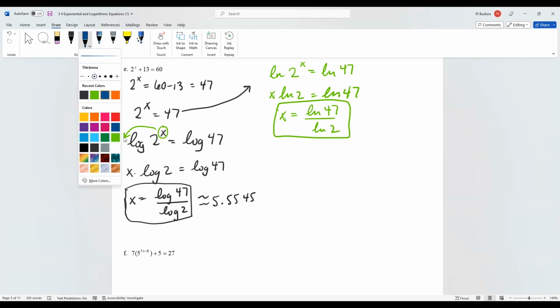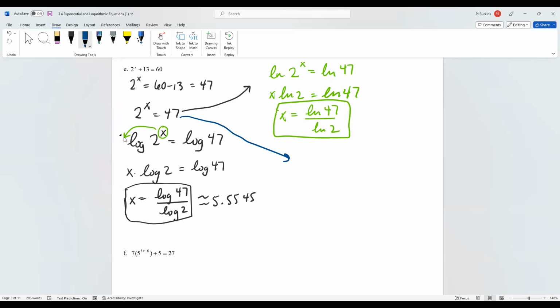All right, so at this step, I'm going to take log base 2 of both sides. And I'm going to do that because log base 2 and 2 to the x are inverse functions of one another. So log base 2 and 2 cancel, and I just get x.